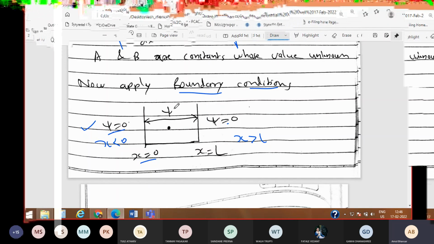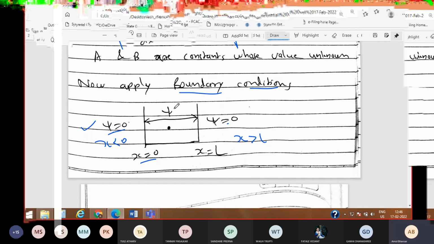Multiplying this 2 gives 4, so a square l upon 4n pi is the constant term we have, and I had taken this negative out of the bracket, so I took the negative sign outside the bracket.